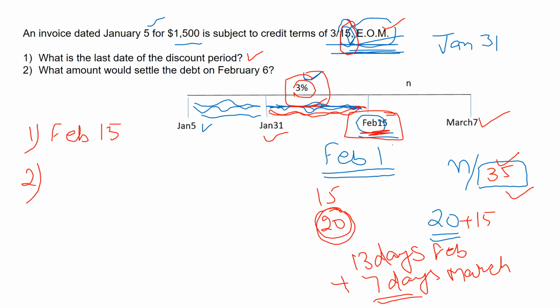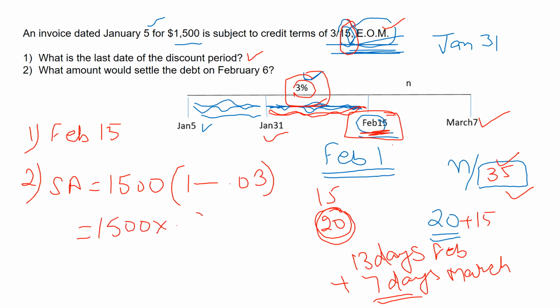Our settlement amount is the invoice amount, 1500, times the net price factor, 1 minus 0.03, right? So this is 1500 times 0.97, and this comes out to be $14.55, right?